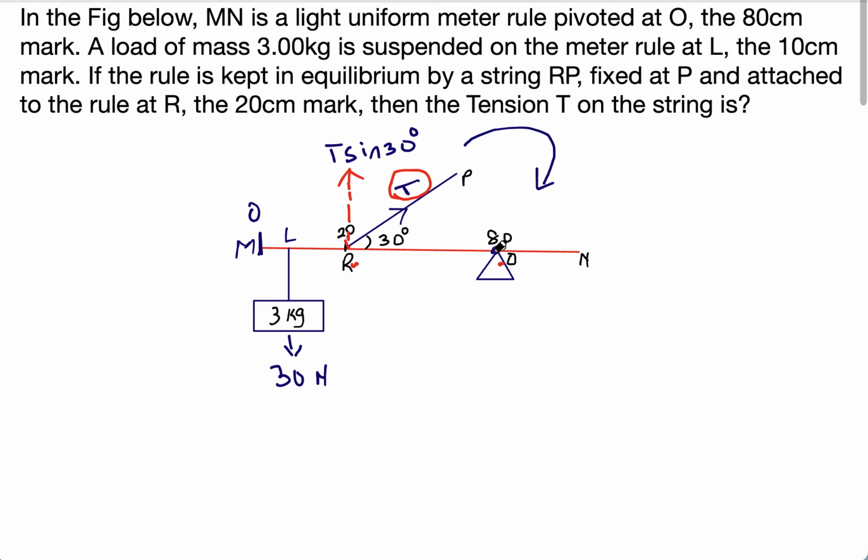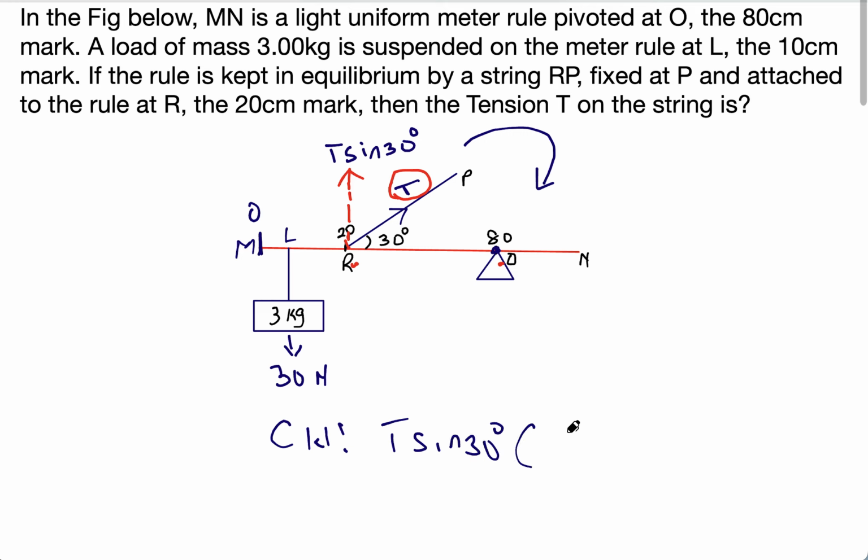Let me repeat that: hold this pivot down and act in the direction of this force. We know that moment is the turning effect of a force, so how will this meter rule turn? It will turn with this arrow that I've just signified here, which is a clockwise moment. So for the clockwise, we have T sine 30 degrees.